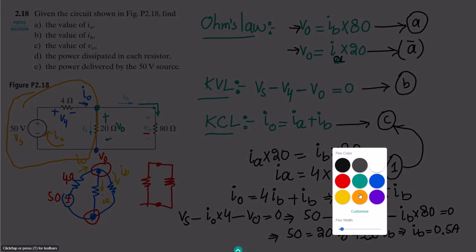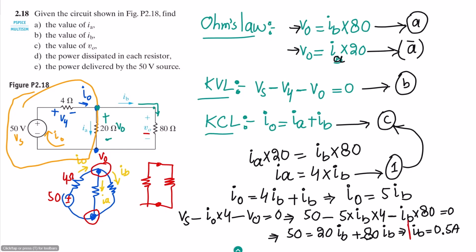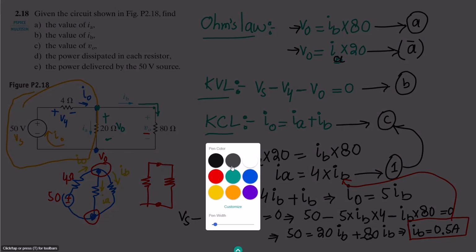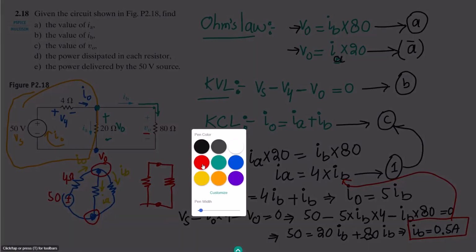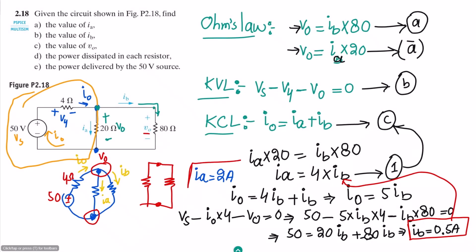This is the value of IB. IB is known. From this value we can put it in equation 1 and clearly see that the value of IA will be 4 multiplied by IB, so that is 2 amperes. This is IA.